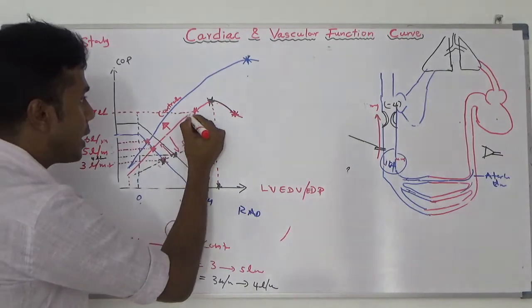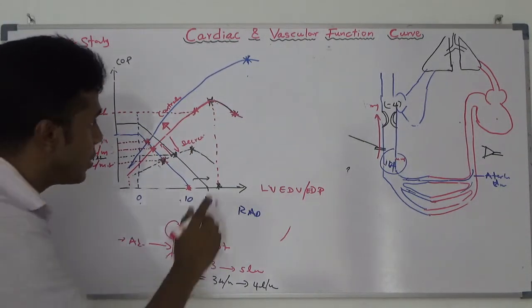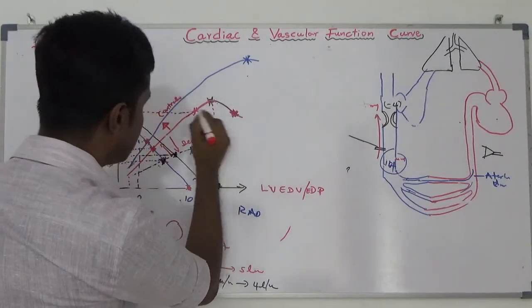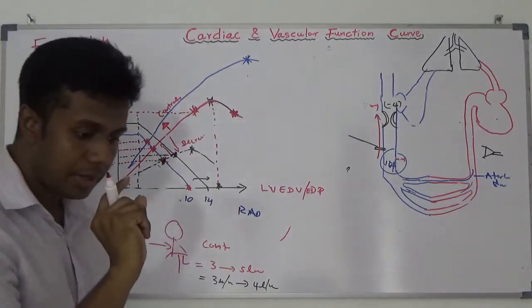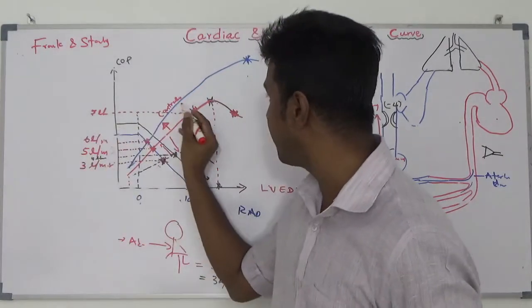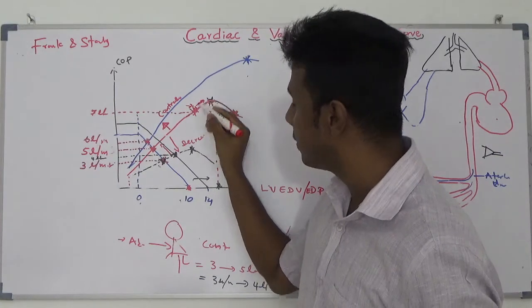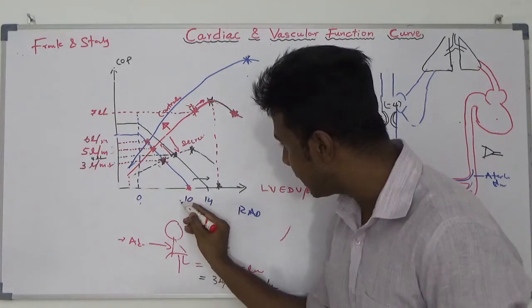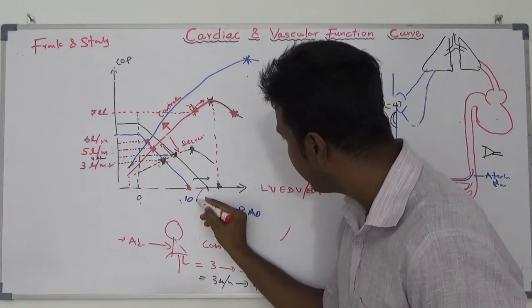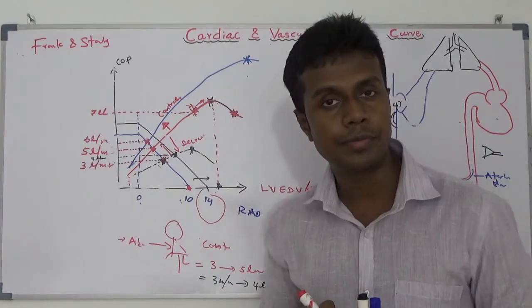That means the rising part of this Frank-Starling curve or the dropping part of the Frank-Starling curve. If I am in the rising part of the Frank-Starling curve and I receive IV fluid, I can further increase cardiac output, because once I increase the left ventricular volume from here to here, it will increase cardiac output.